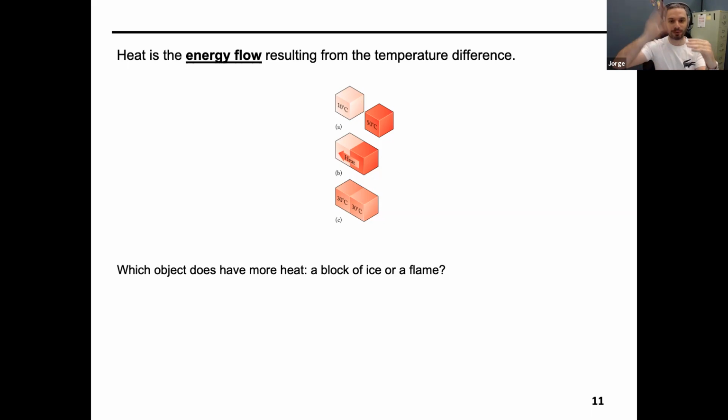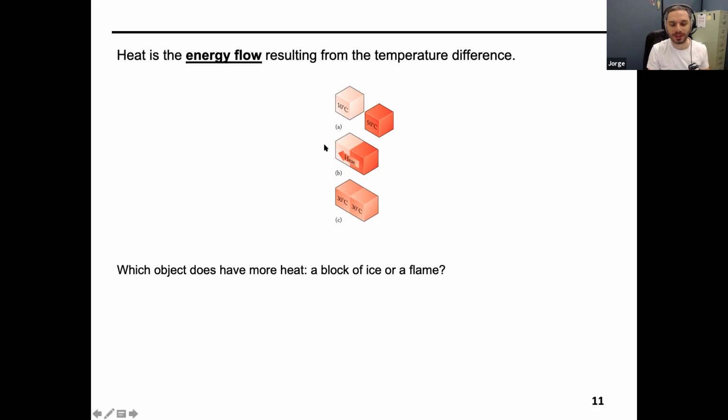So 50 degrees is moving really fast, and 10 degrees is moving slower. When we touch the two bodies, because one body has the molecules moving faster, that's going to help the cold body to get movement as well.